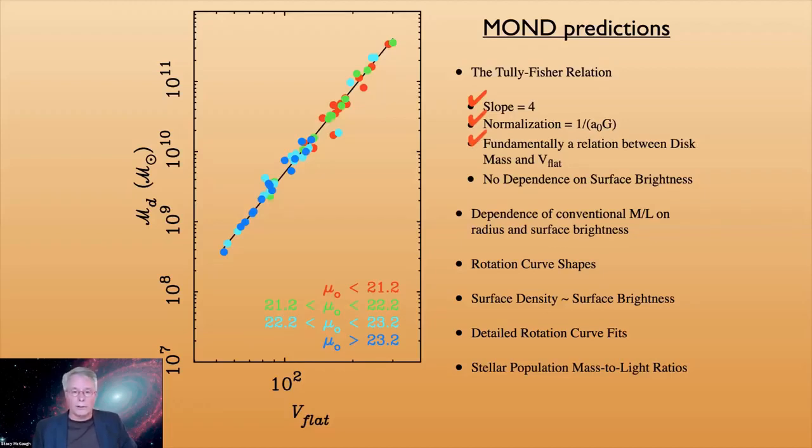Fundamentally, in this theory, there's no dark matter, so it's just a change of the force law. So it should be a relation between the stuff you can see, the mass of the stars and the gas, and flat rotation. Well, that's what it is. And the thing that really caught my attention is that it predicted this lack of dependence on surface brightness.